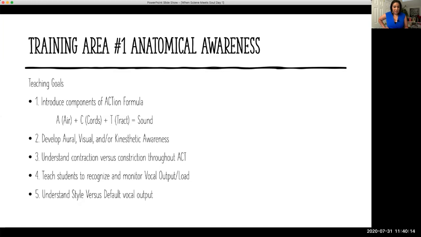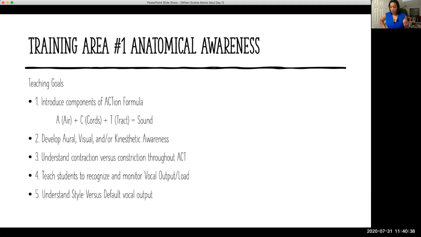We know what it means to be stuck in a registration. We definitely know what it means to be stuck along the vocal tract. So we're teaching students to recognize and be able to monitor their vocal output so that they can be in control of what they're doing in a way that's honest for them.